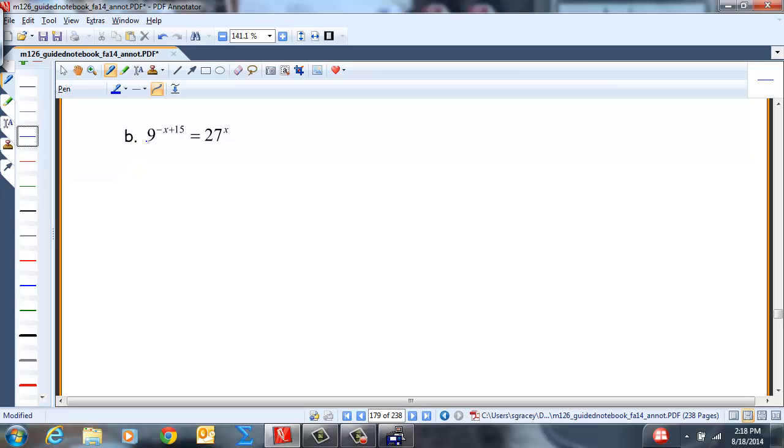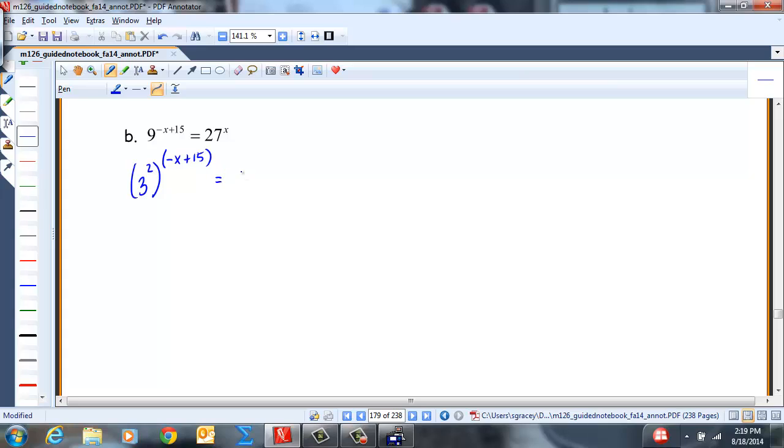Do you see I have different bases? 9 and 27 are different. But 9 and 27 are both multiples of 3, right? Or actually powers of 3. So if I rewrite 9 as 3 squared, and that's being raised, I'll put this in parentheses, to the -x plus 15.